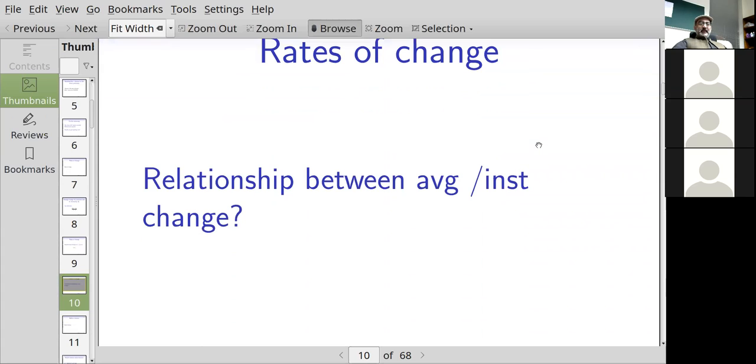Okay, and if I'm going to give you a speeding fine, I have to be able to argue that there's some connection between this average rate of change, this average speed of yours, and the instantaneous speeds that you had, which presumably could have changed at every instant.